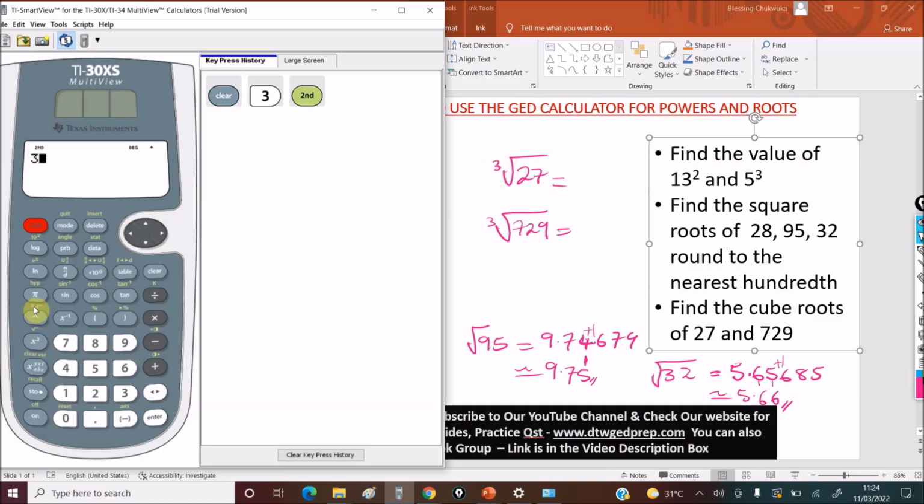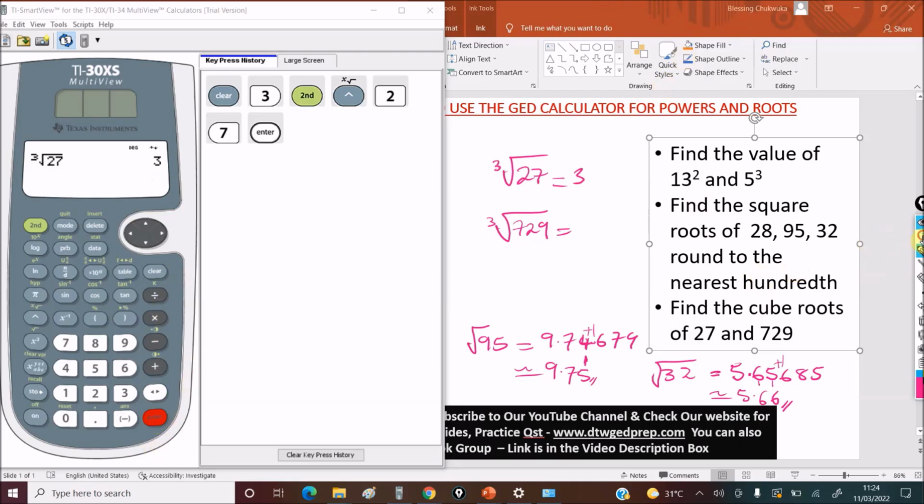It's different from your ordinary square root here. So we punch this to activate it. Then we punch 27 and enter. You can see the cube root of 27 is equal to 3.